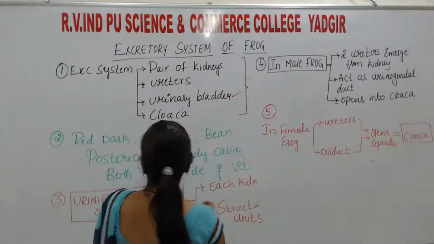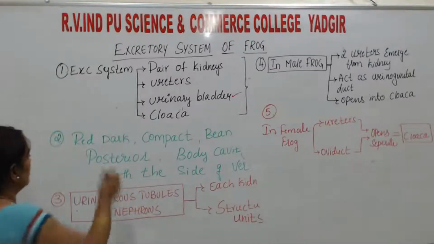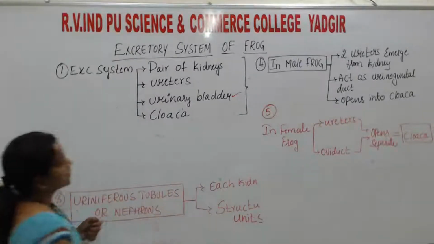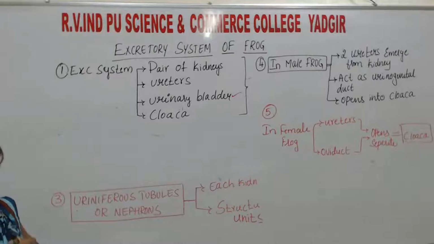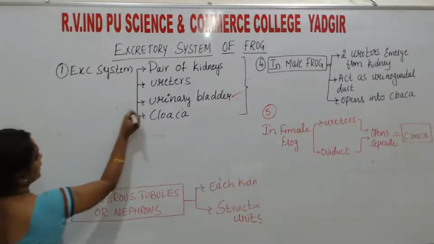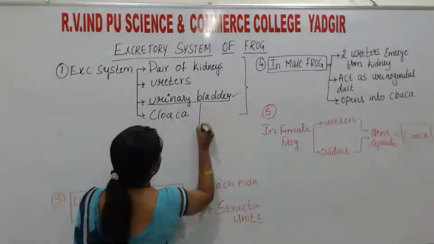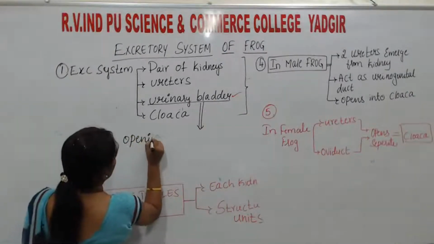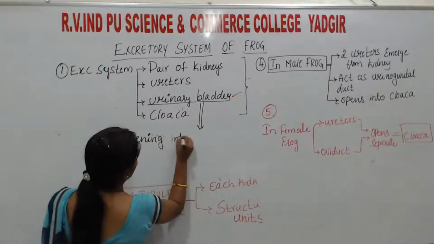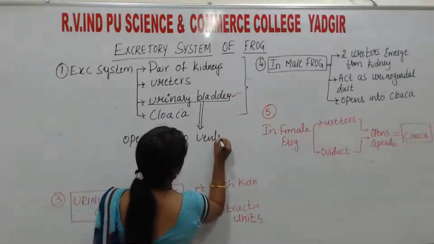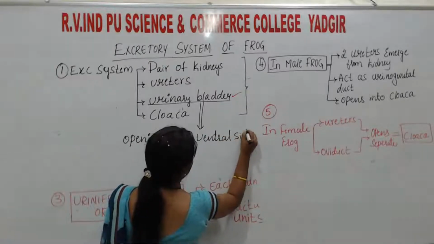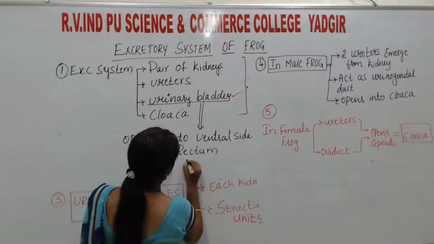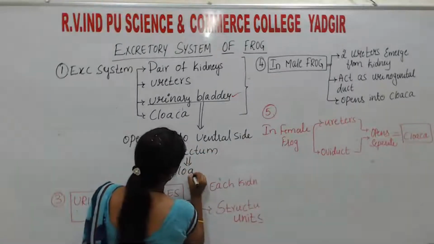Now, what about the urinary bladder? The urinary bladder opens into the ventral side of the rectum, which opens again into the cloaca.